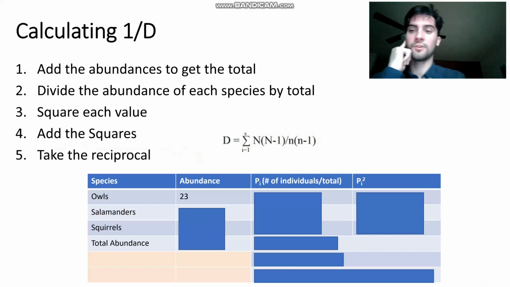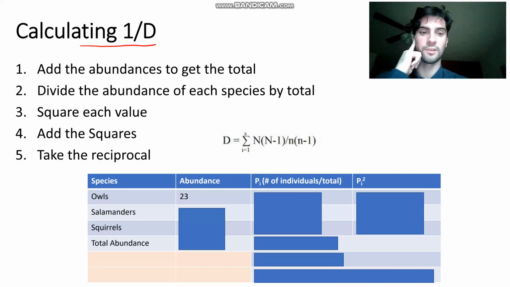Okay, so how to calculate Simpson's index? First you need to get your data, so you go to the field, you count your animals, or your plants, or your fungi. And you will bring that down into your lab, and I will also explain how to do your exercise.